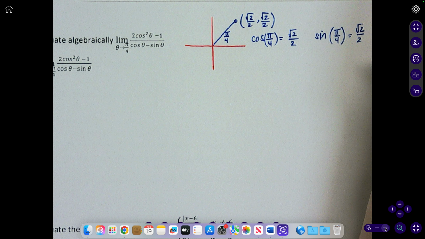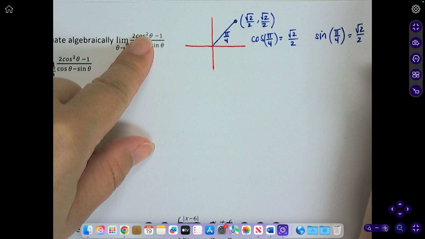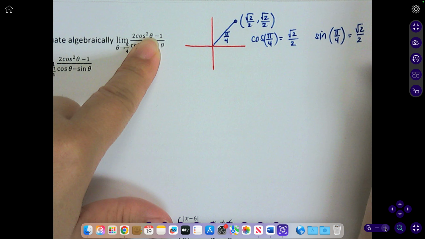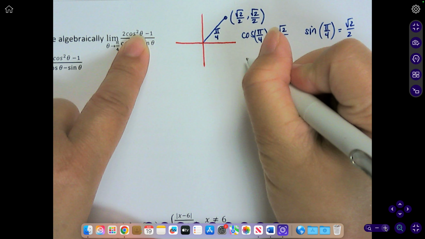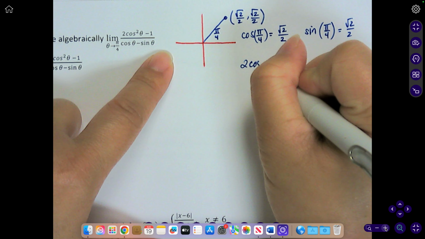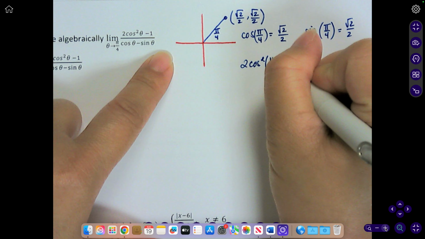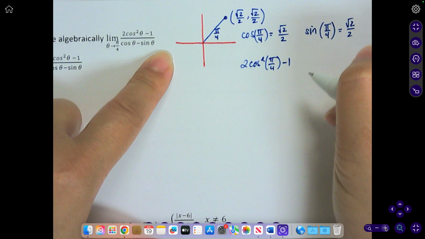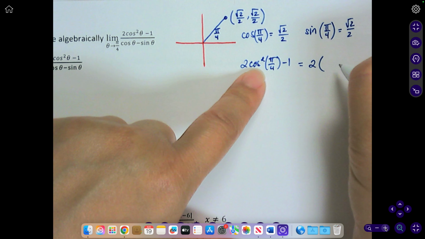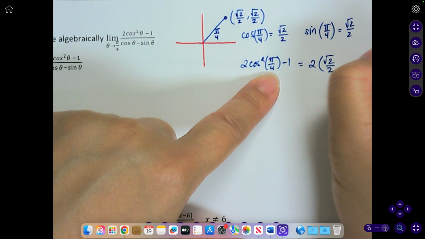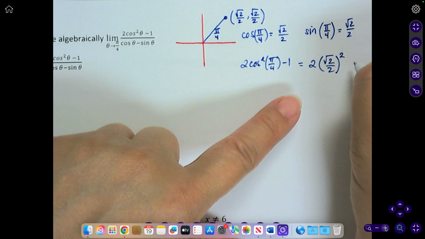You guys see that? Now, if I'm looking at cosine square of theta, let's write it over here. So this is 2 cosine square of pi over 4, right, minus 1. And that's going to be 2 times cosine of pi over 4, which is root 2 over 2. Now, you have to square that, and then you minus 1.